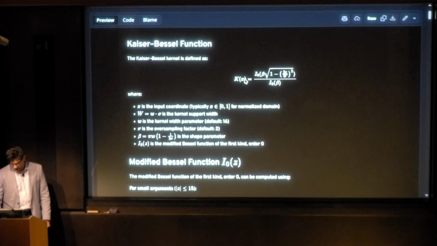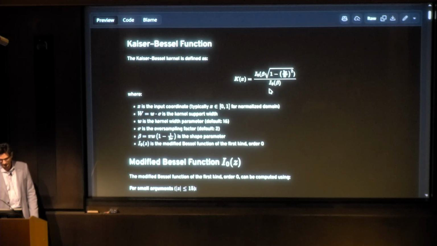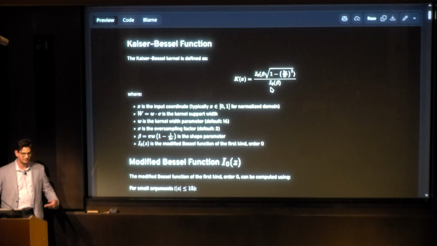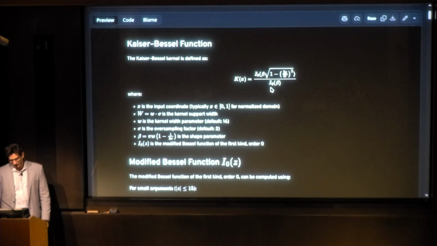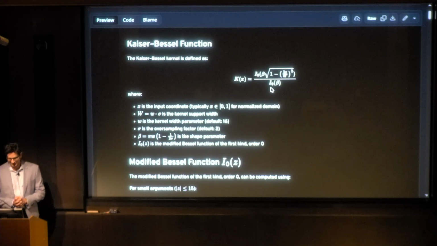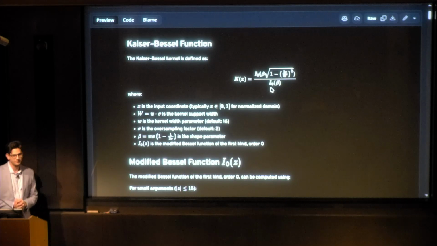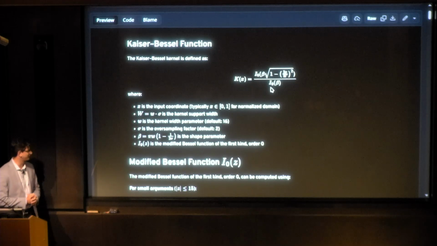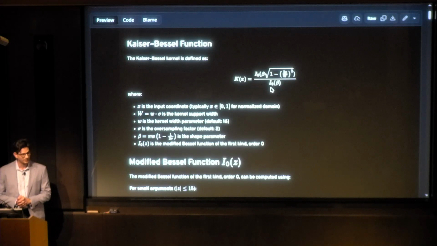What matters for the purpose of this presentation is that this function uses I0, which is a Bessel function of the first kind, of order 0. That's what it means. And this is a fairly recurring function that is also fairly expensive to evaluate if you look at the mathematical definition of this function.